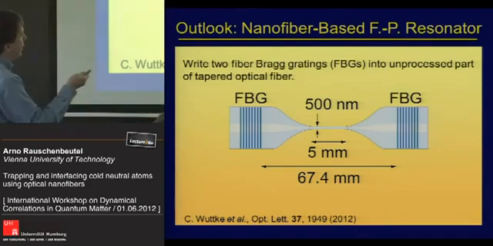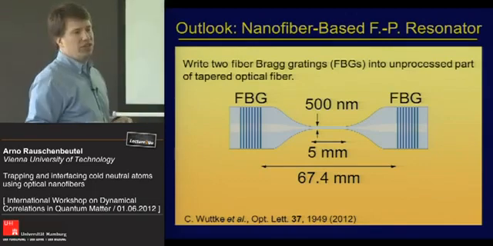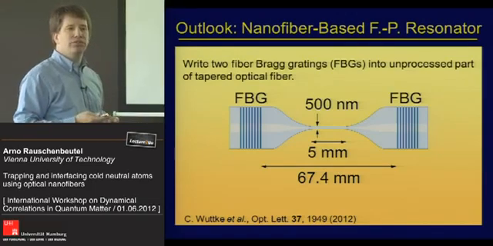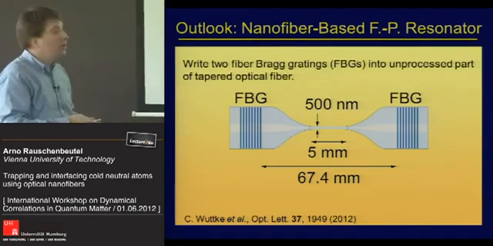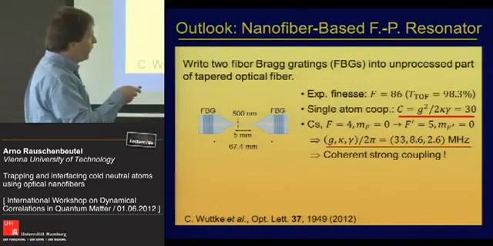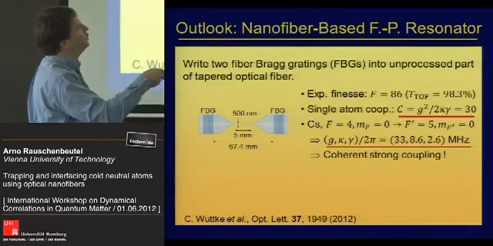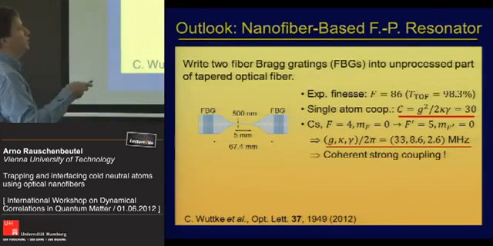And since in our fibers we're able to have extremely low loss transmission through this taper, we can still have a reasonable finesse. It's a Fabry-Perot resonator, and we can still have a reasonable finesse of about 100, okay? Which shows you that the transmission through our tapered optical fiber in this case was actually 98.3%.